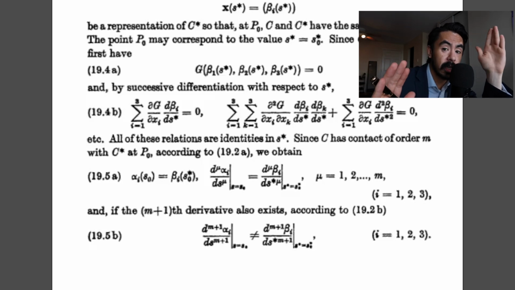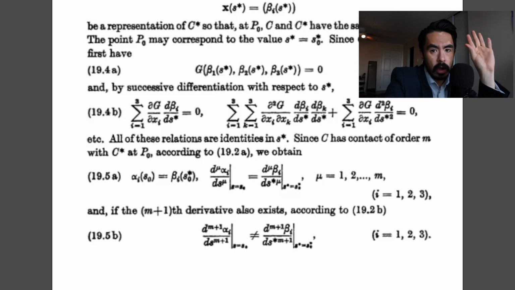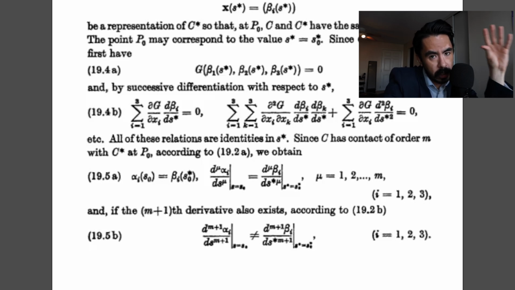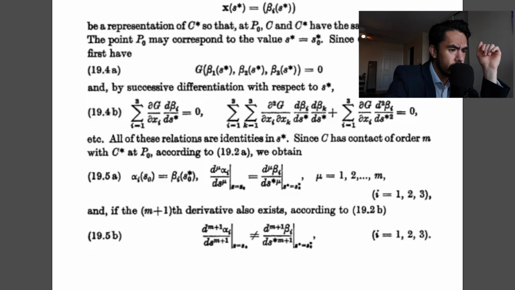According to that, we have that these m plus 1th derivatives, specifically in terms of S for the function alpha sub i, and in terms of S star for the function beta sub i, are not equal. The m plus 1th derivatives are not equal. So we're just going from definitions and we're showing that what we were given, we can get the definition out of that.